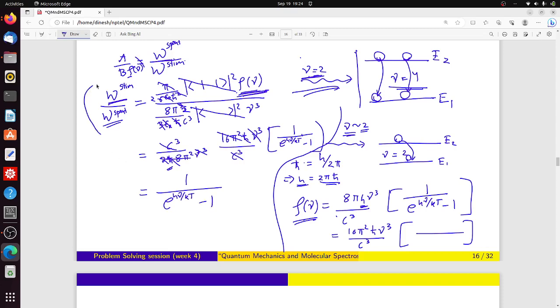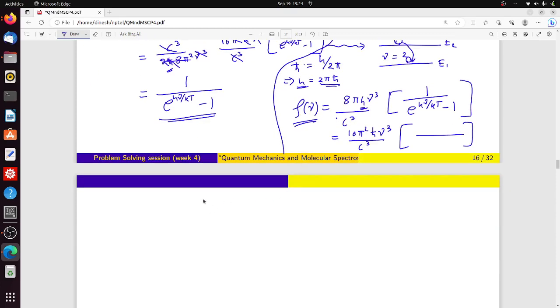So this stimulated divided by spontaneous emission rate is this much we got. Okay, so at thermal equilibrium we are assuming that this stimulated and spontaneous emission will have the same rate.